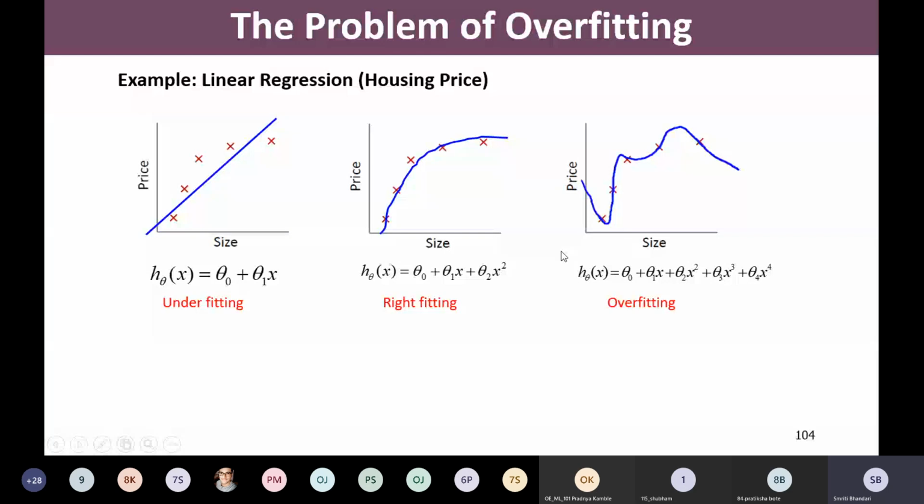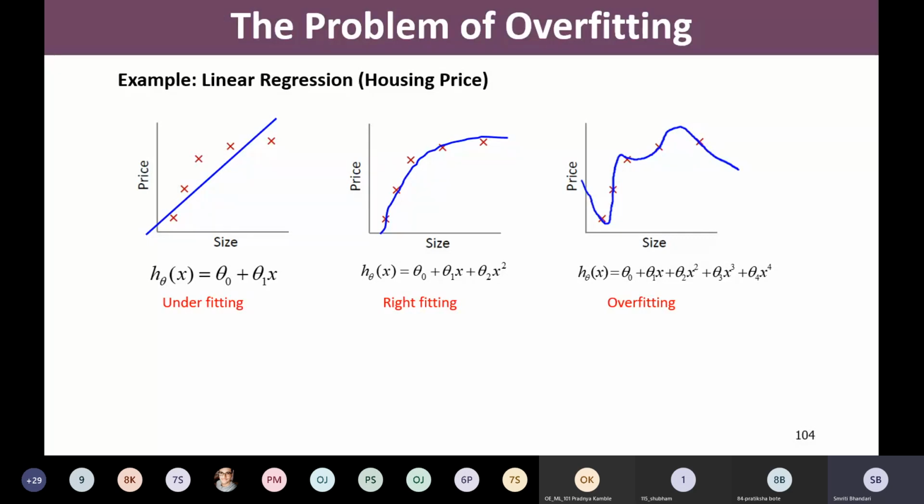Usually overfitting is a phenomenon in which a machine learning model is constrained to the training set and is not able to perform well on unseen data. So what do we mean by that? If we go with such a hypothesis, a higher order polynomial in this particular case, then it may work very well for the training data set.